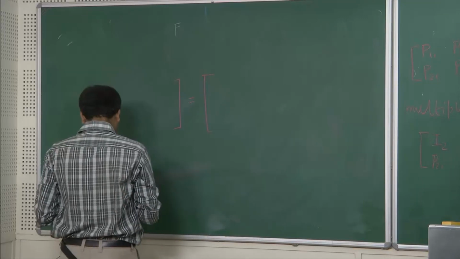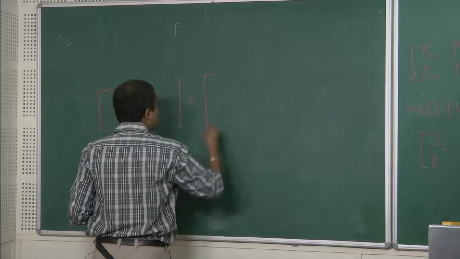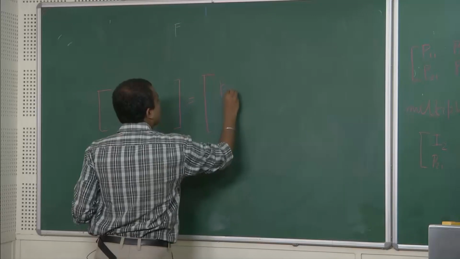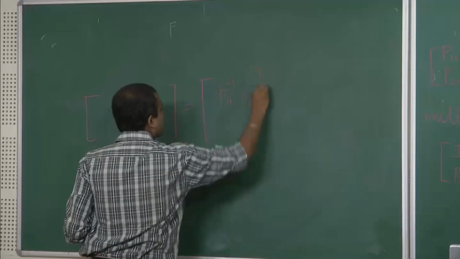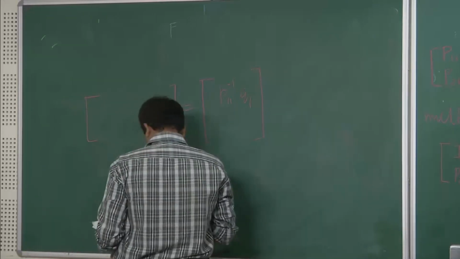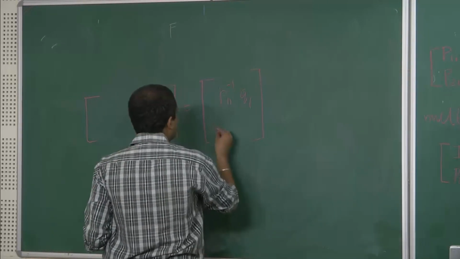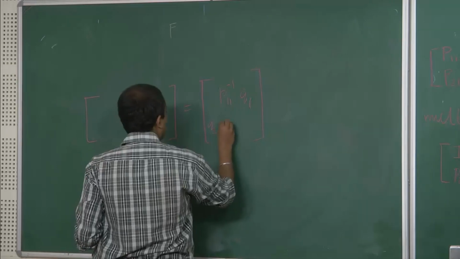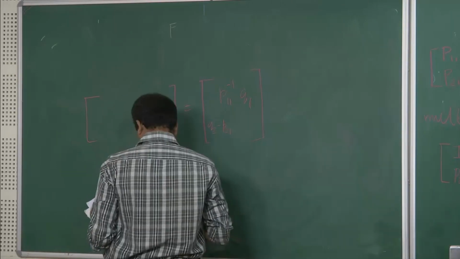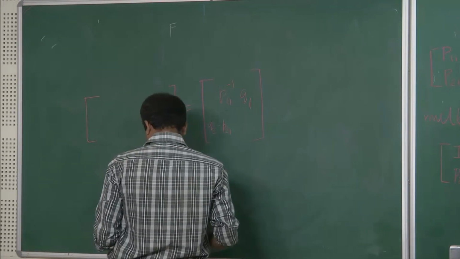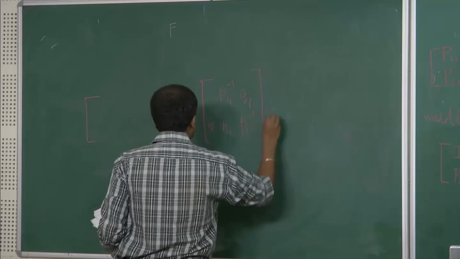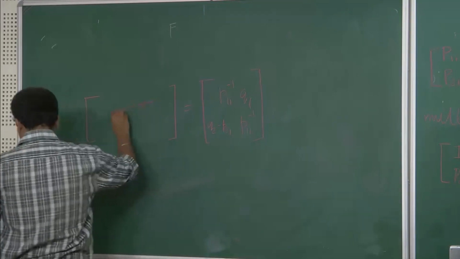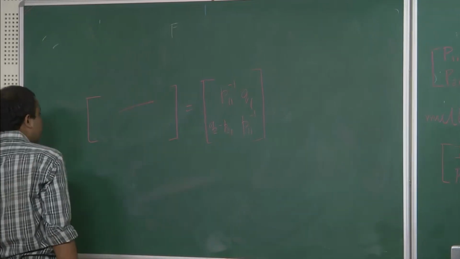right hand side will be P11 inverse Q1 and Q2 minus P21 P11 inverse. From this, here it will be the matrices after the elimination process.